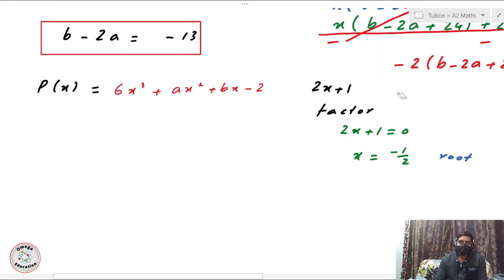This one was a factor. So from the factor, if you put that equal to 0, you get the root of the polynomial. And if you plug that root, or the value of x, back into the polynomial, you should be getting 0 as the answer. So let's insert the value of x.